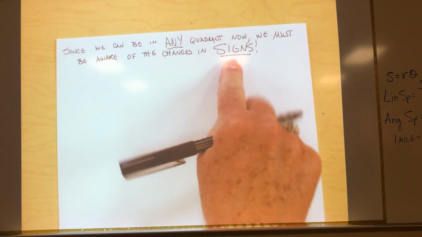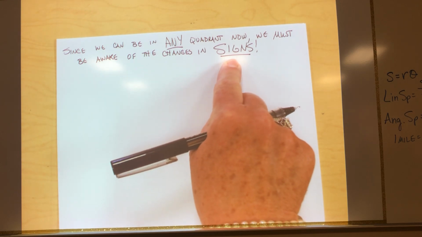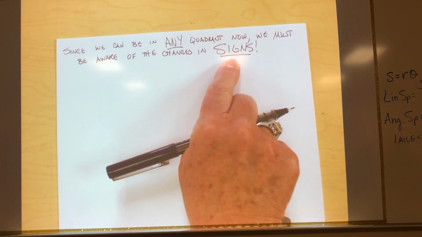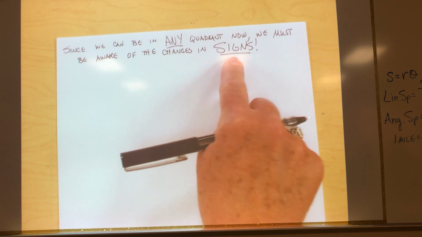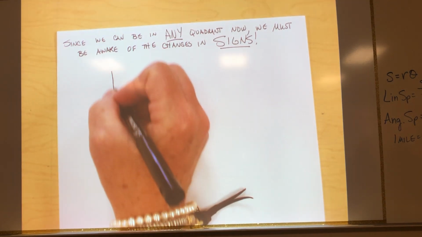Y'all listen to me. If you get the numbers right and you miss the sign, you're totally wrong. There is no partial credit, okay? This is huge right here, big, okay? So let's talk about it.